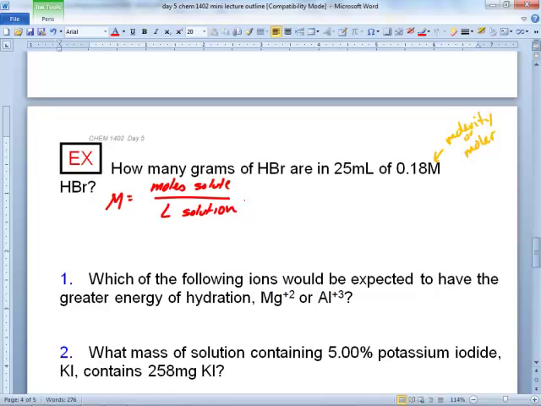Let's pick on somebody here. Albert, let's pick on you. Is this the equation you used, hopefully?